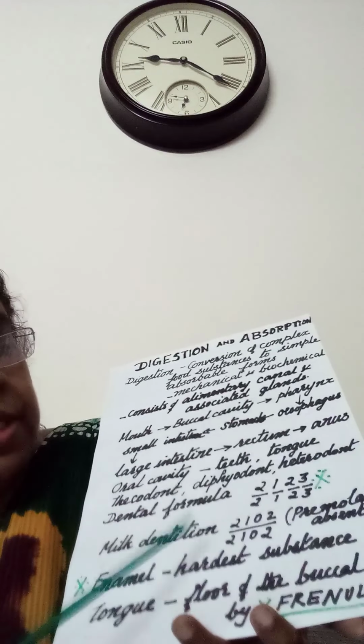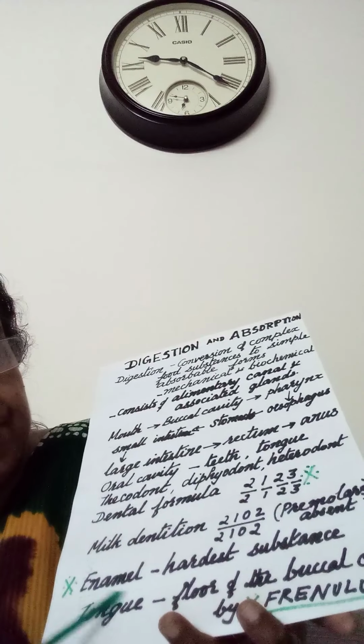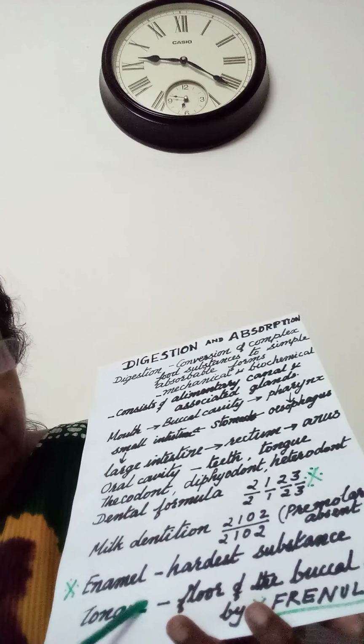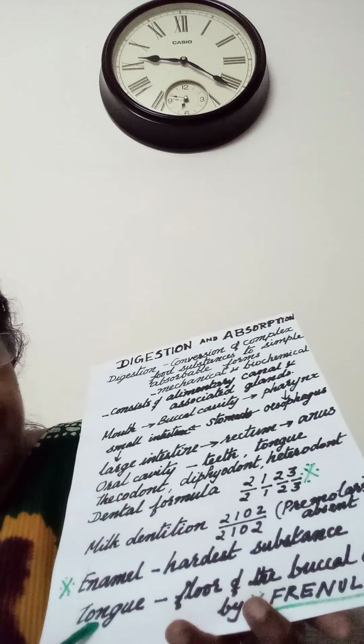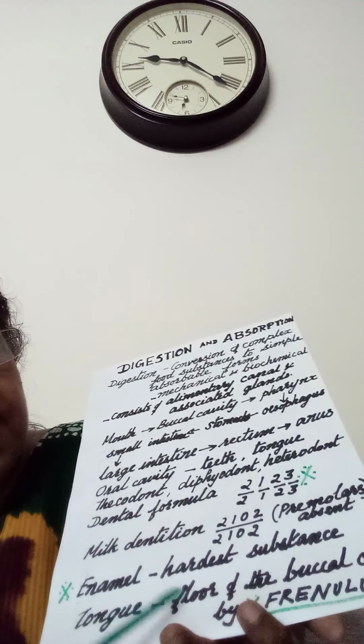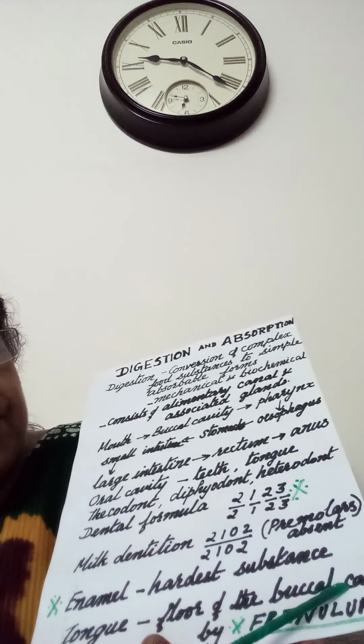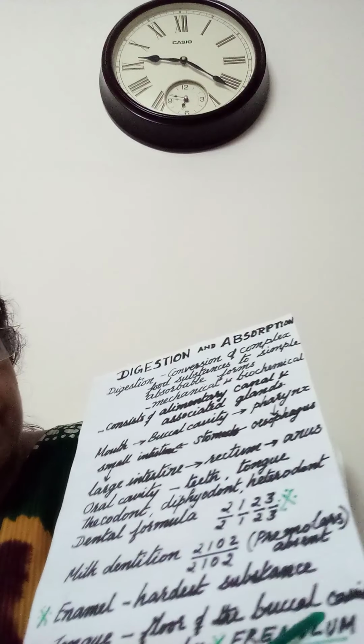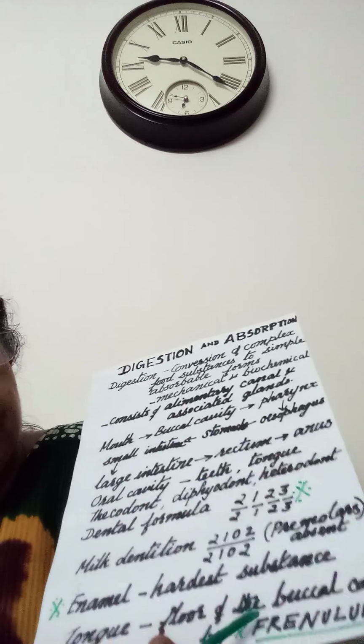Then in the mouth cavity there is a muscular organ that is known as the tongue. Tongue is attached to the floor of the buccal cavity by the frenulum. Very important for the entrance. Frenulum.